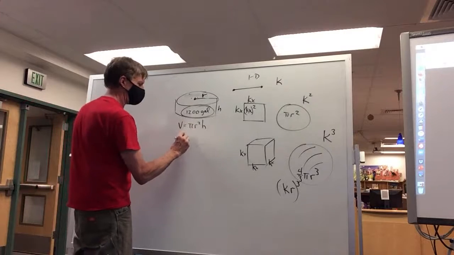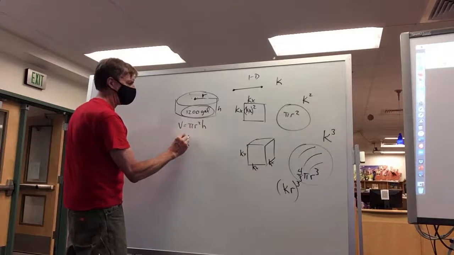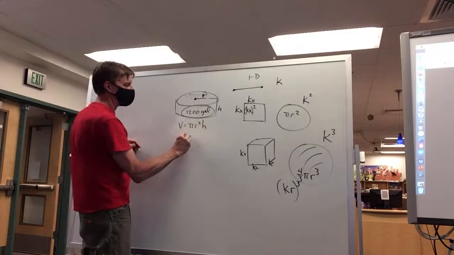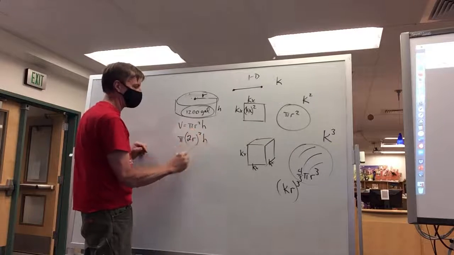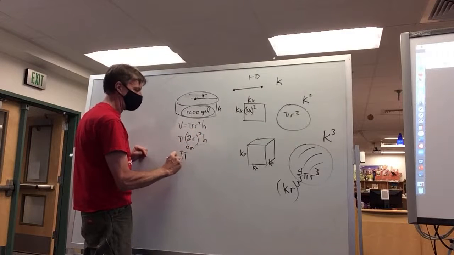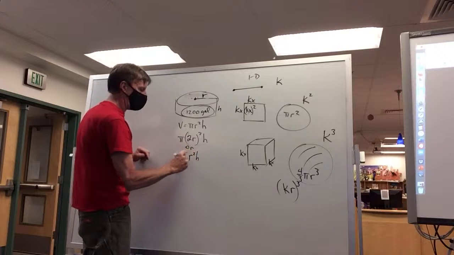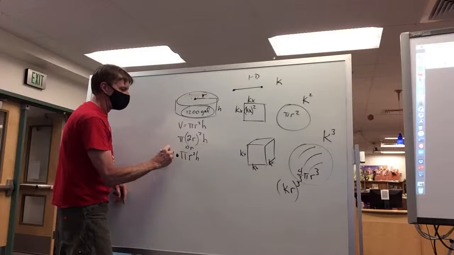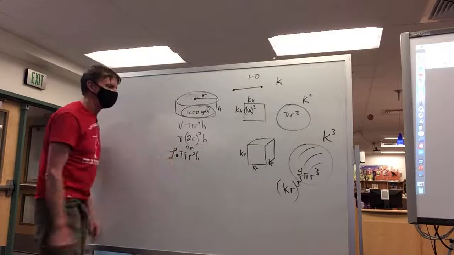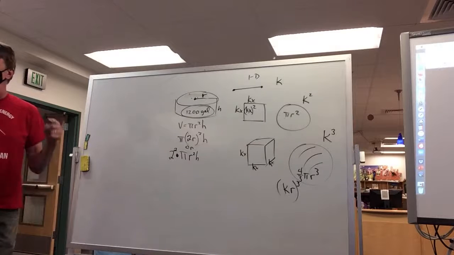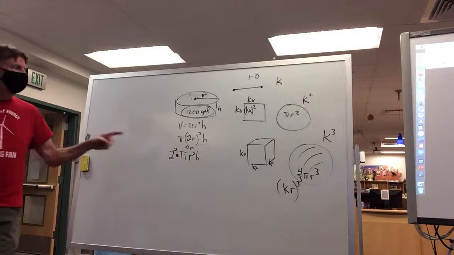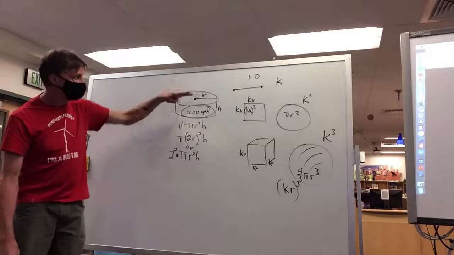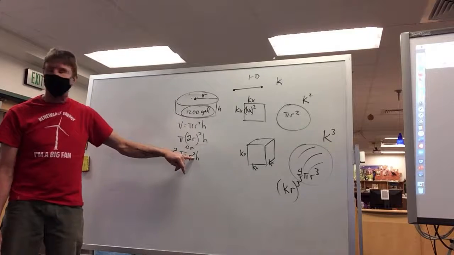So we either say the new pool is going to be 2r quantity squared times h, or we can just say we've got pi r squared h, and then we're going to multiply this by 2 squared. Because we're taking a length that gets used in part as the area of the surface, and it's being multiplied by itself.